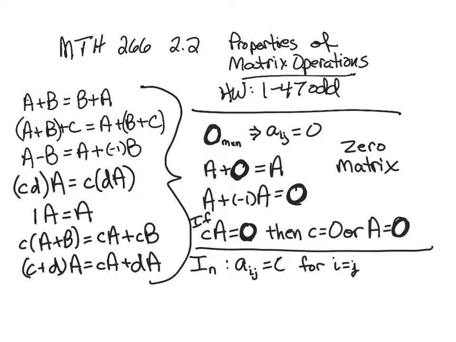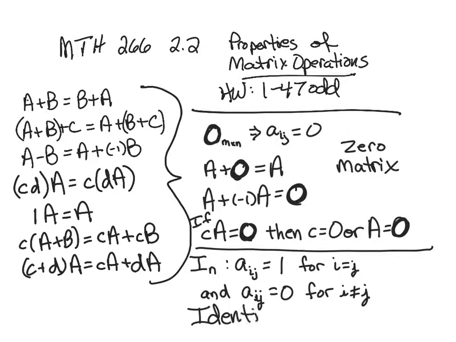I made a mistake, the diagonal values are all 1s, and all of the elements are 0 when the i row doesn't equal the j column. So the diagonals are 1s, everything else is 0 in the identity matrix. Okay, so all of this stuff is pretty straightforward.